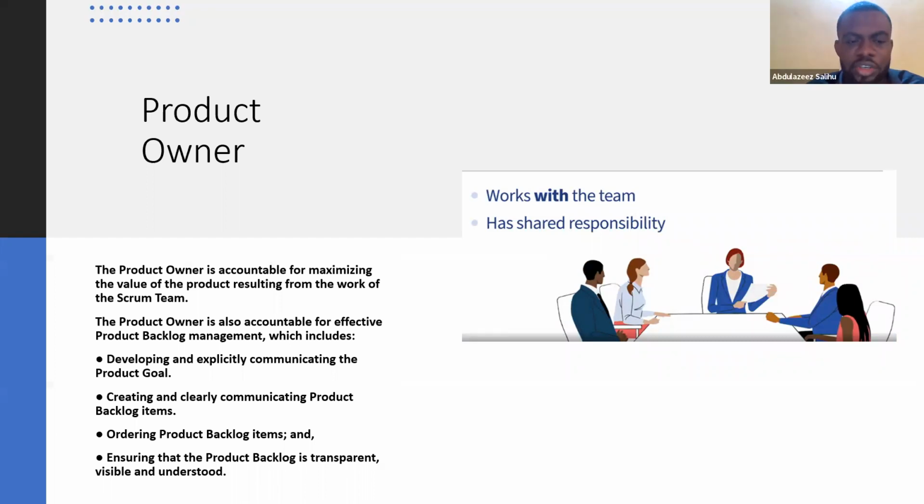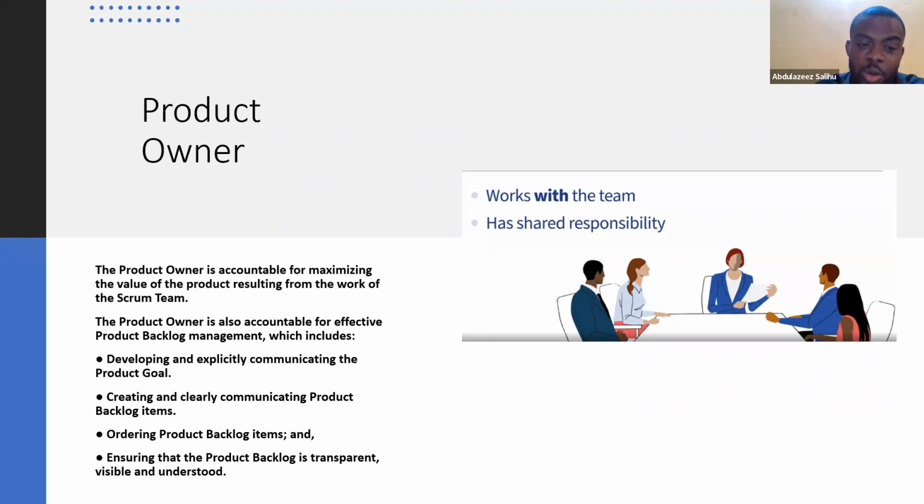Let's quickly talk about the product owner. The product owner is accountable for maximizing the value of the product resulting from the work of the Scrum team. The product owner is also accountable for effective product backlog management.